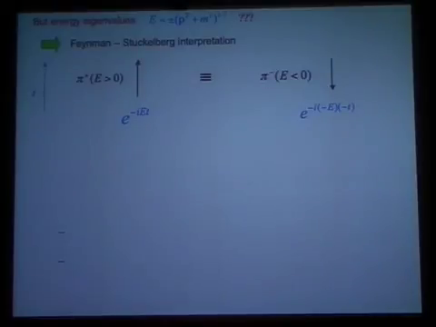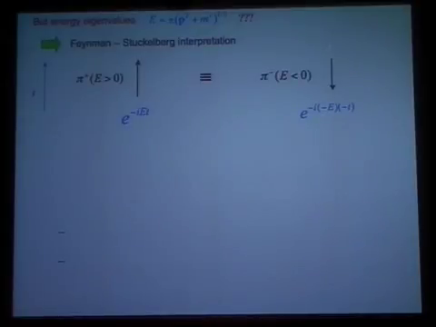But given that the interaction can occur anywhere in the timeline, I have another possibility, which is the same incoming state interacts at time t2, and then at an earlier time t1, a state is emitted. This would require my state going backwards in time, which is why I started to think about that possibility using the Feynman-Stuckelberg interpretation.